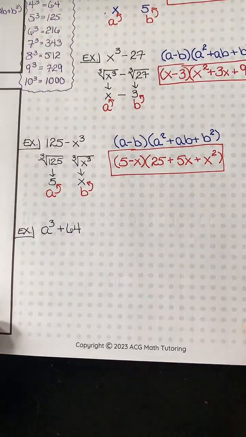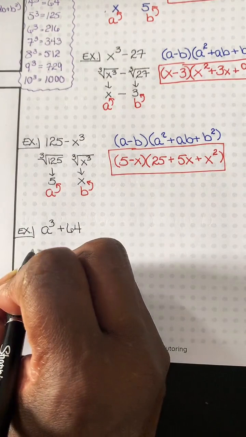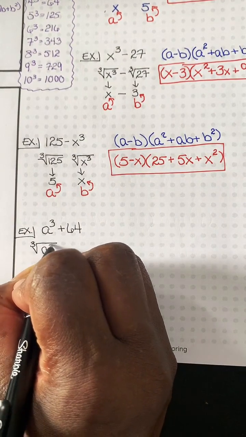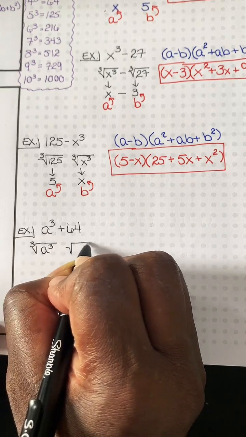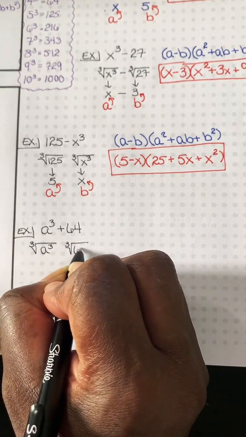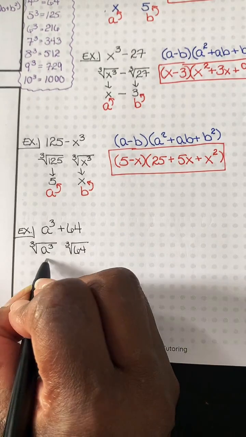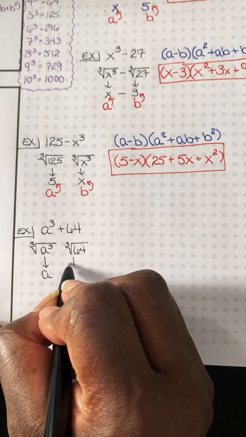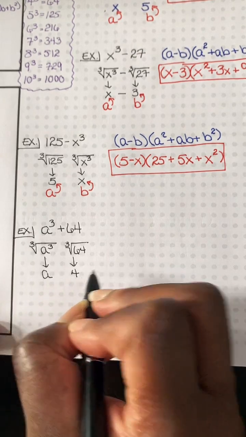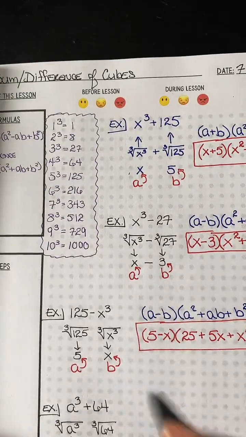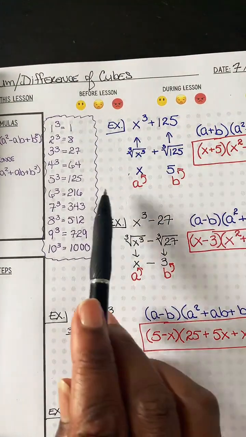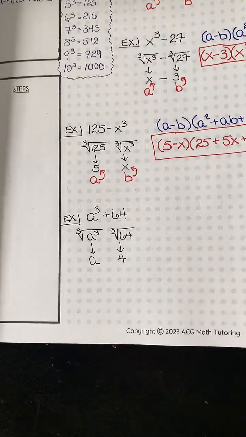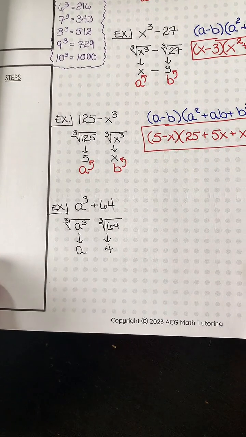All right. So I'm seeing, which is awesome, that cube root of a to the third and that cube root of 64. In this case, it is an A, so it doesn't really disrupt too much. And this one, it is a 4 because 4 multiplied by itself 3 times will give me my 64.